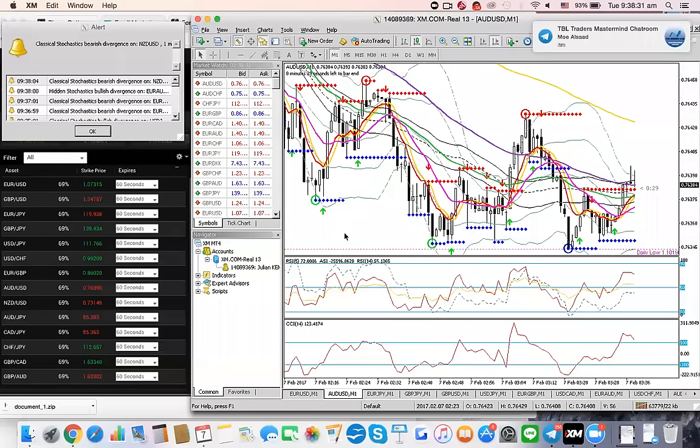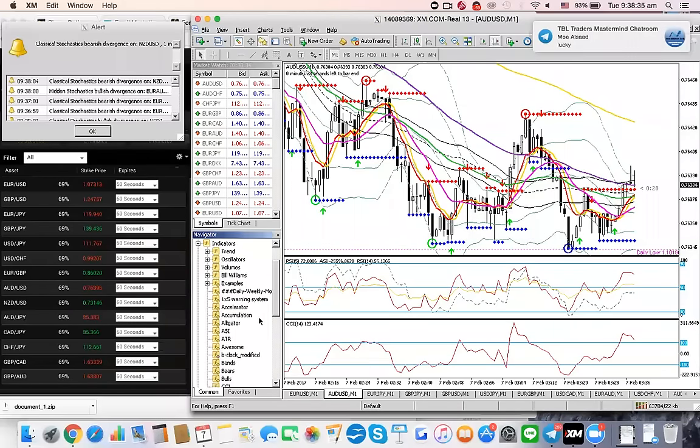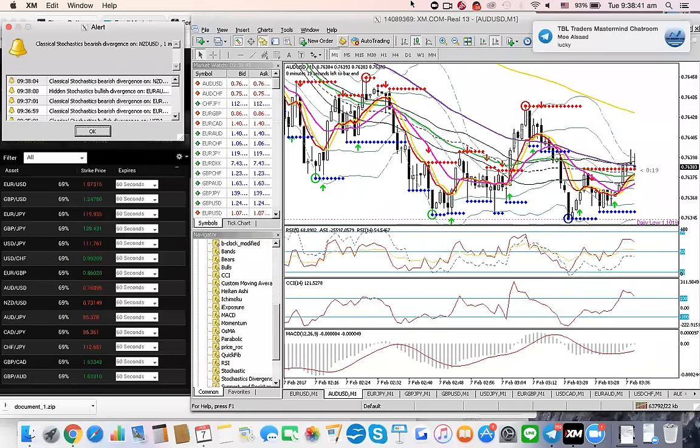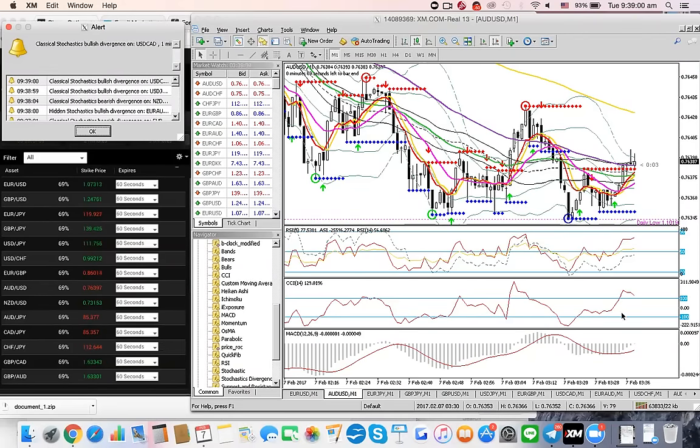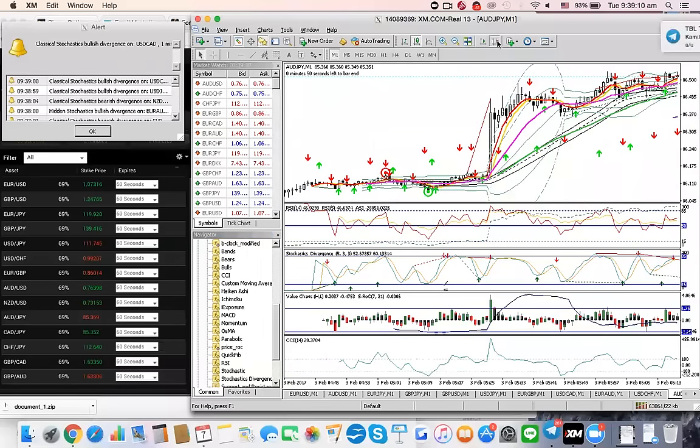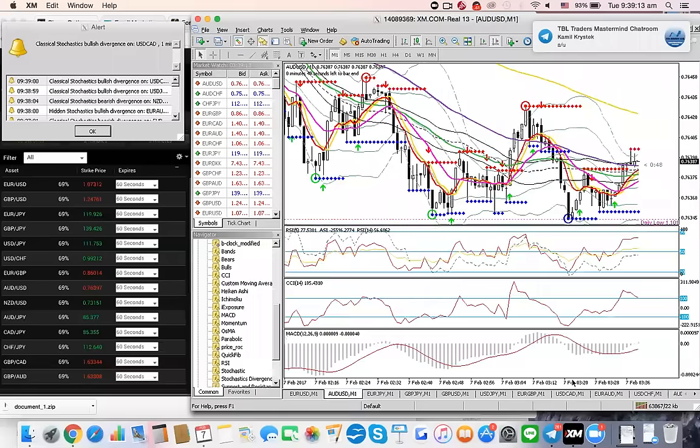Let's try a little bit different setup. This one's too flat, so let's stay out of this.